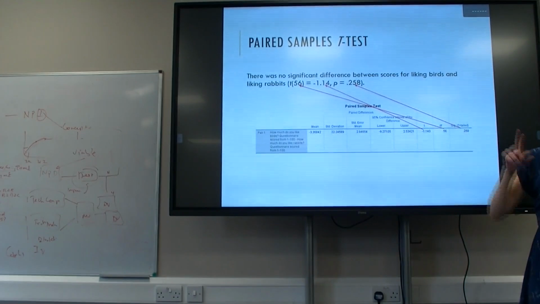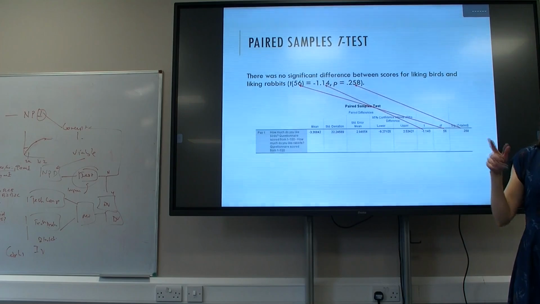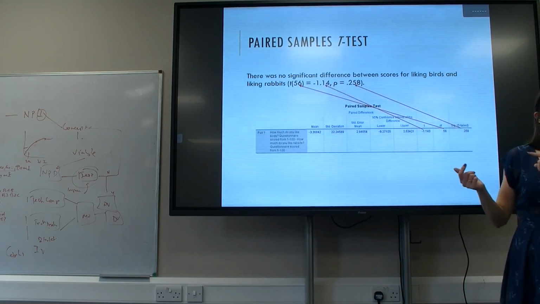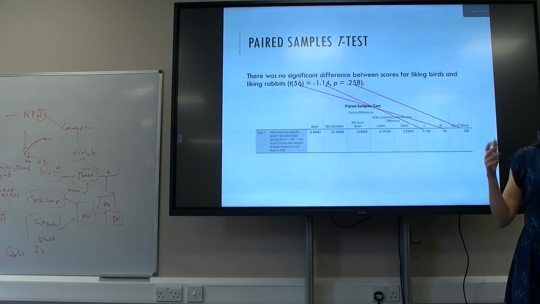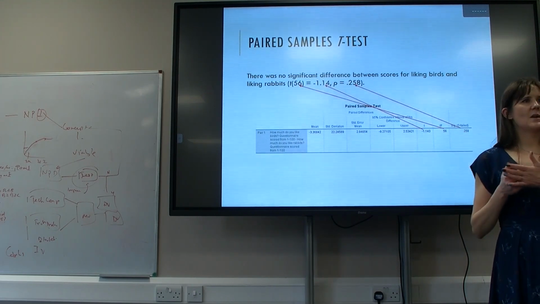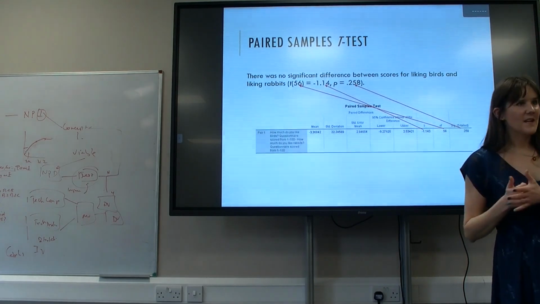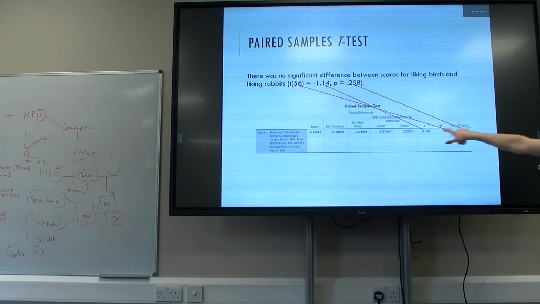Okay, so you can copy and paste this from the slides and then just replace the numbers with the numbers from your own results table. Just make sure that your formatting is quite precise, because part of the marking criteria is whether your results are in APA format. So you've got your t statistic, your degrees of freedom, and your sig, your p-value.